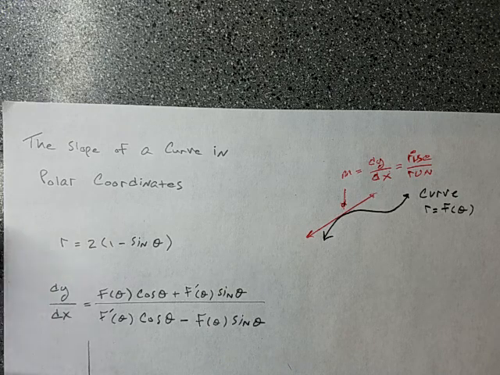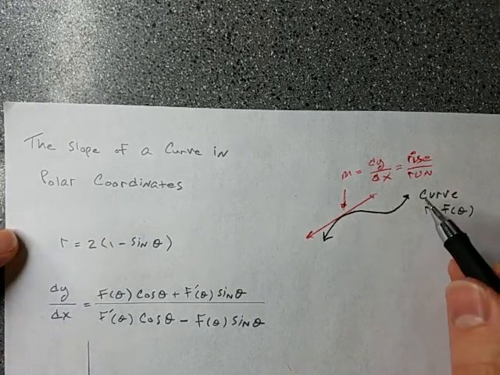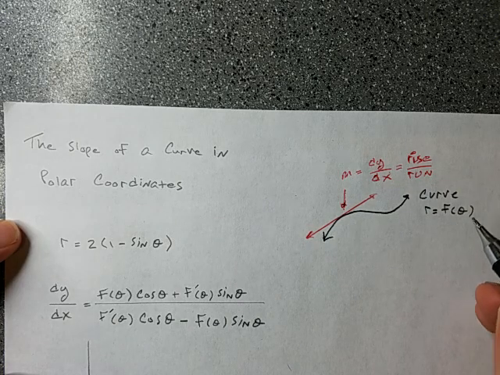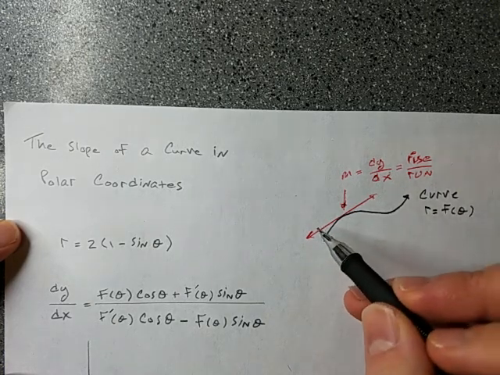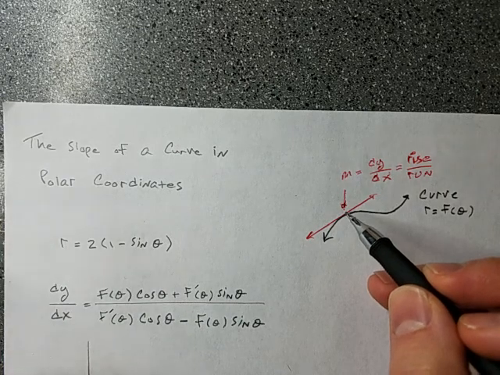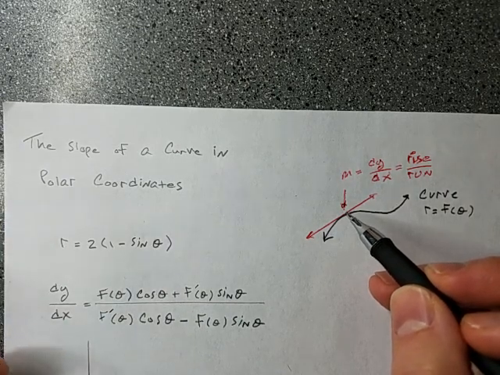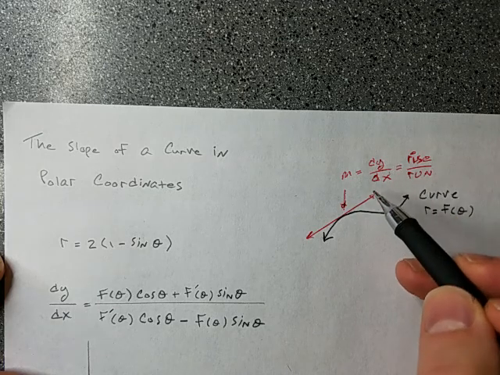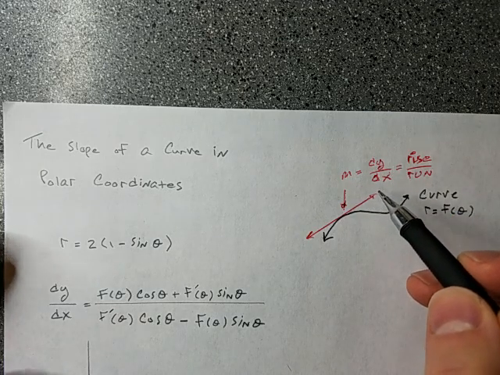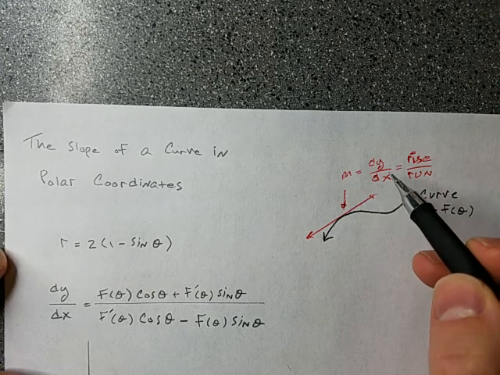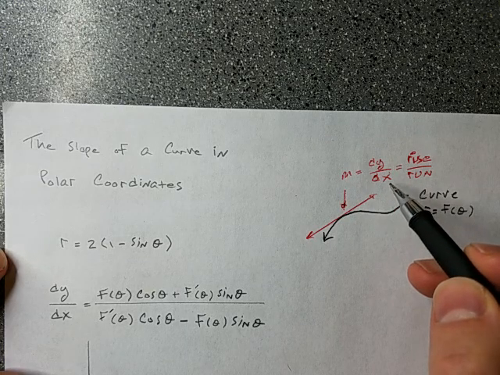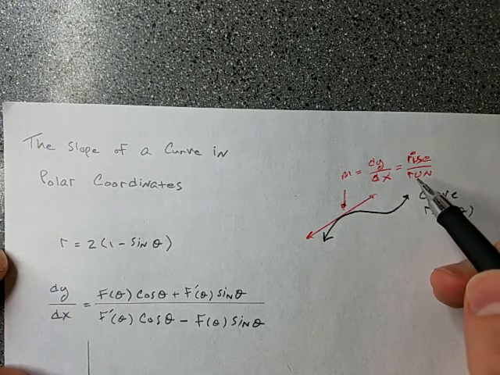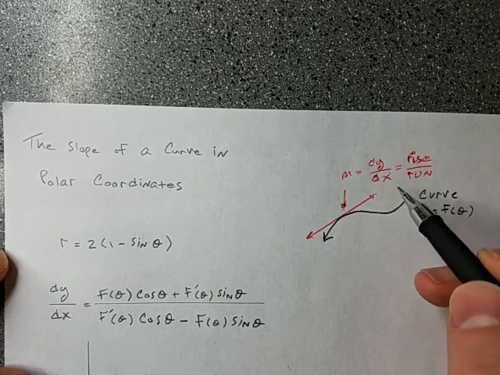Dy over dx. Well, let's see, the curve is r equals f of theta, some curve in polar coordinates. But when we talk about slope, it means the same thing as what slope meant in algebra class. It's rise over run. And dy over dx is an instantaneous notation in terms of differentials for slope. Dy over dx might as well be rise over run. It's the change in y over the change in x.